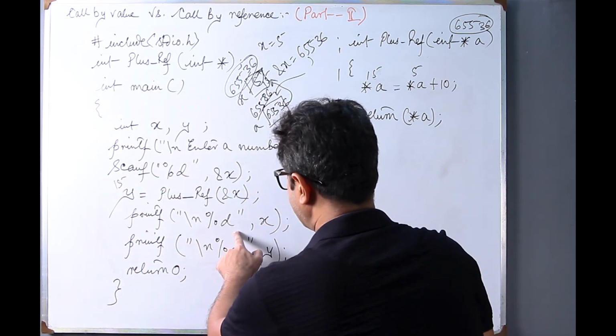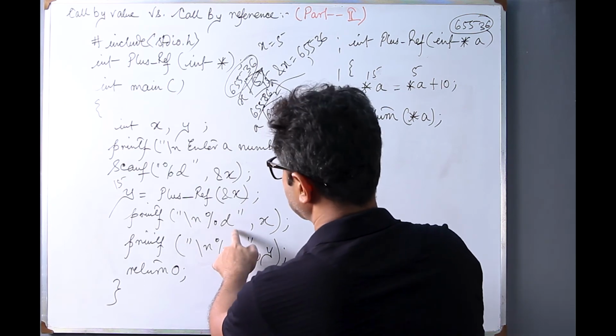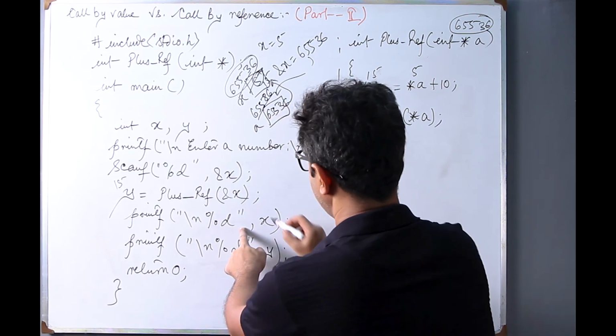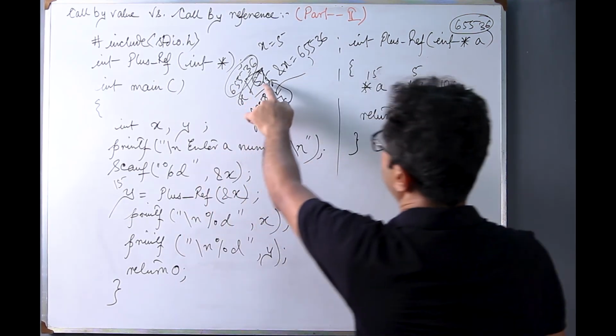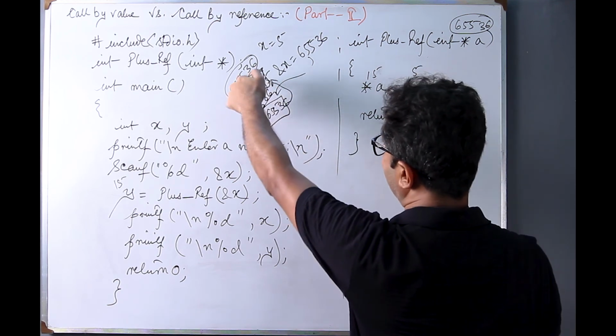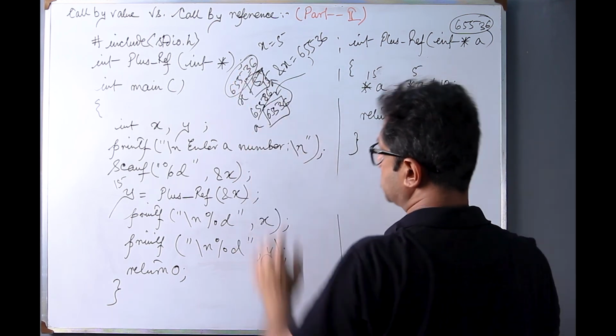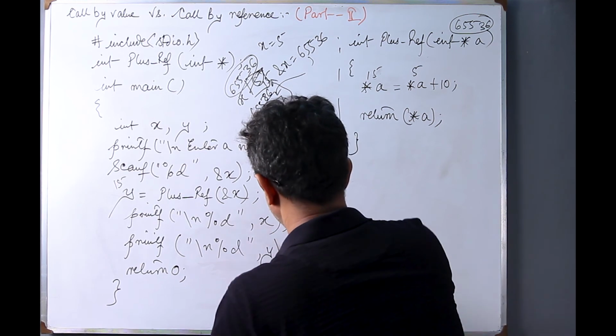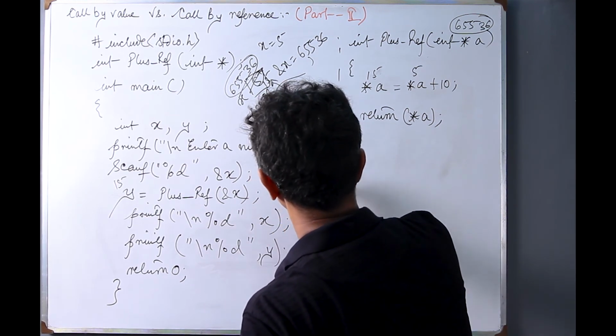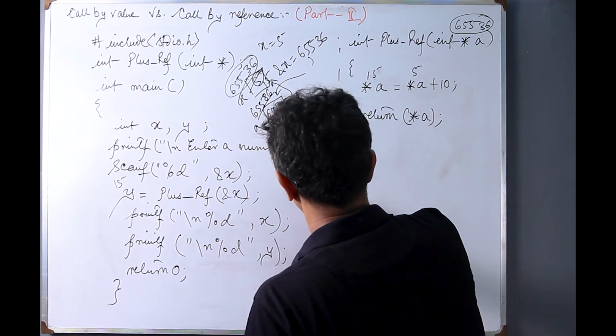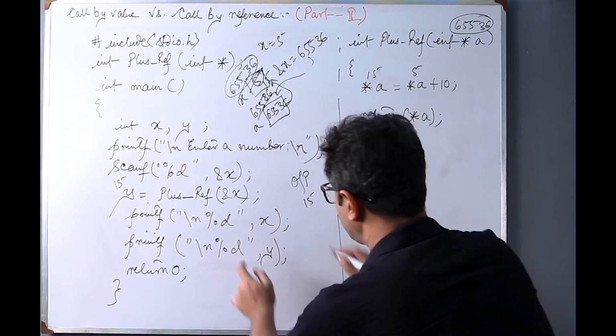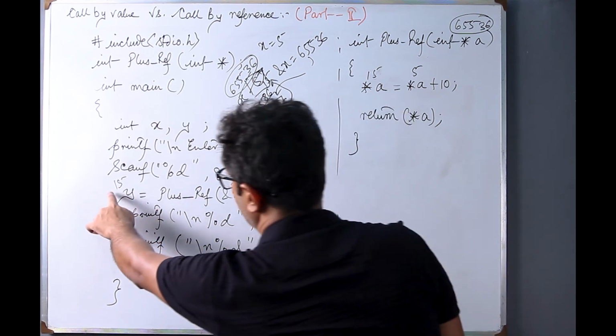So when we print x, it will be printing 15, because we have modified the content of the original memory location. So x will be printed as 15, and y will be printed as also 15 because y contains 15.